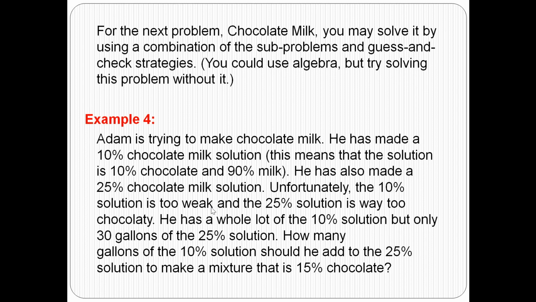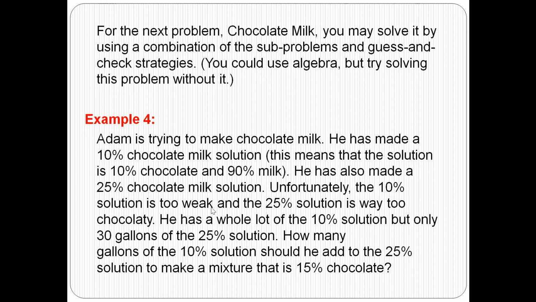Adam is trying to make chocolate milk. He has made a 10% chocolate milk solution. This means that the solution is 10% chocolate and 90% milk. He has also made a 25% chocolate milk solution. Unfortunately, the 10% solution is too weak, and the 25% solution is way too chocolatey.